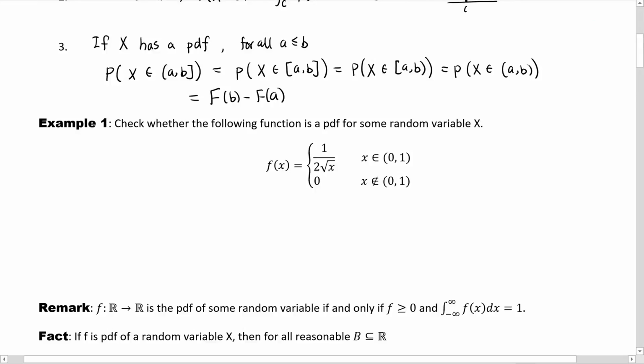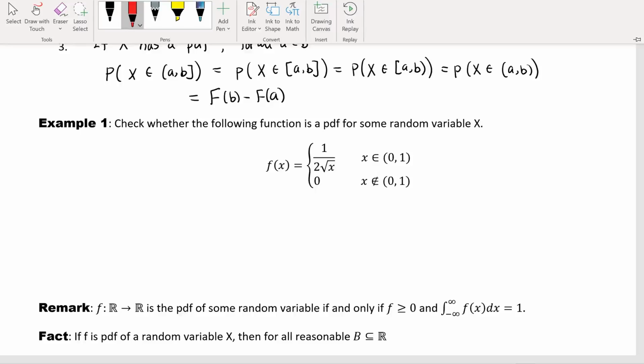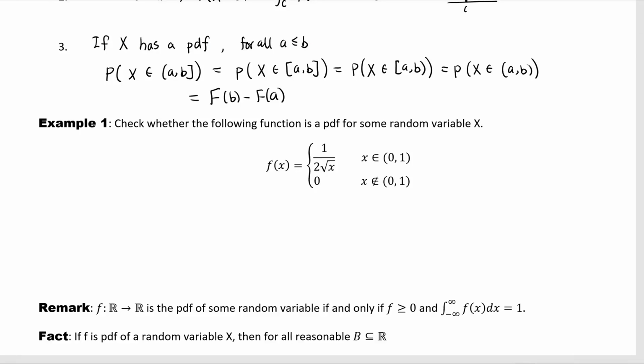I want to put one more remark here. Remark 4: the properties of PDF. Do you remember the properties of PMF? We have two properties.